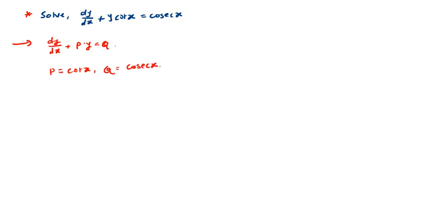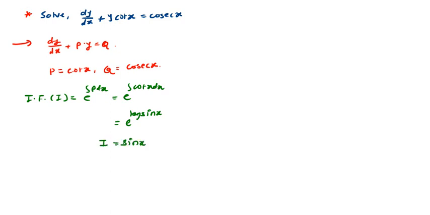Once you get the values for p and q, you can find its integrating factor, given by capital I, which is e to the power integration p dx, which is e to the power integration cot x dx, which is equal to e to the power log of sin x. Integration of cot x is log sin x, and this is again equal to sin x. So we got the integrating factor, which is sin x.